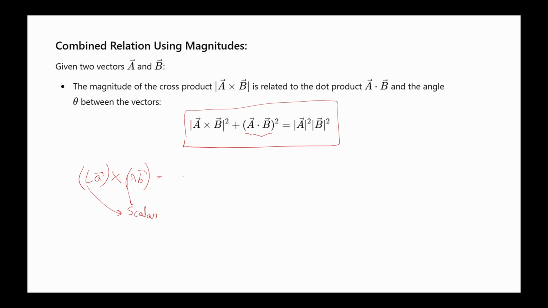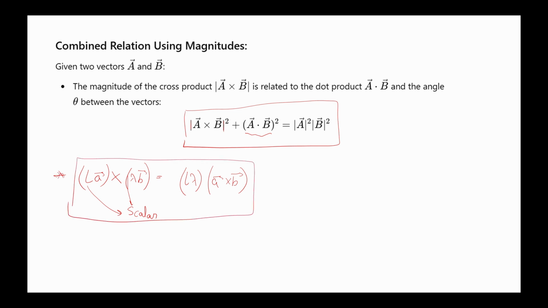So this can also be written as L into lambda outside and A vector cross B vector. So this is basically a scalar property of cross product that you must remember. Let's say if I have any scalar multiplied to any of the vectors, it can be taken out of that vector. So you must remember this property as well.